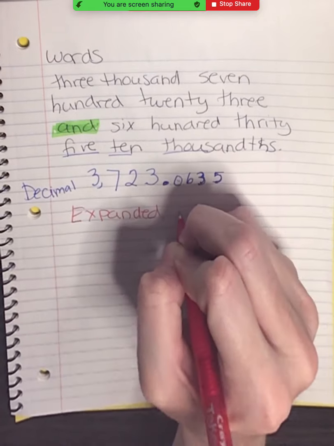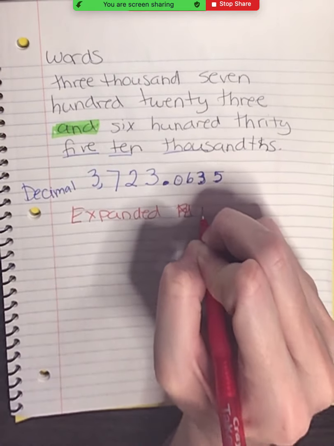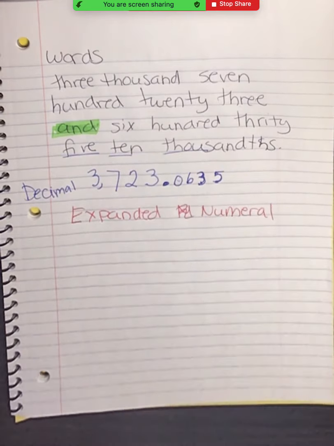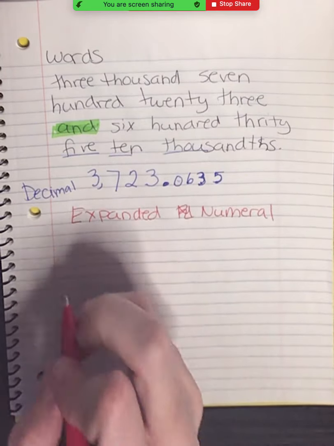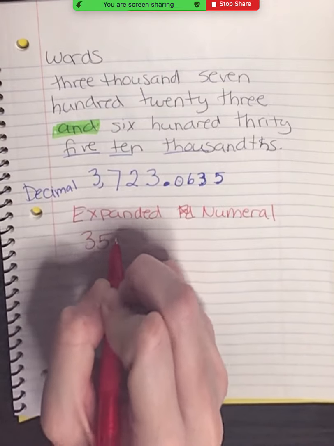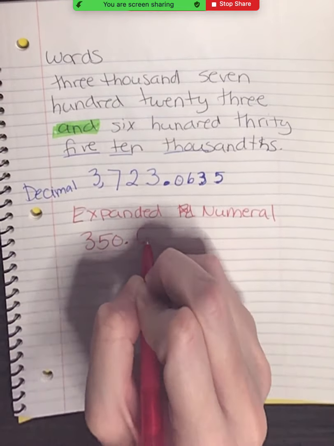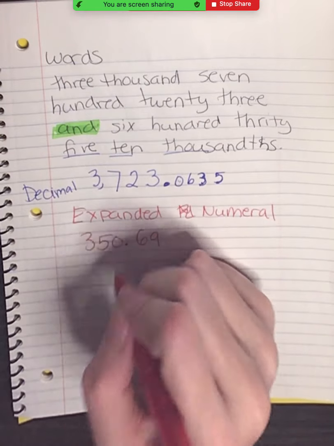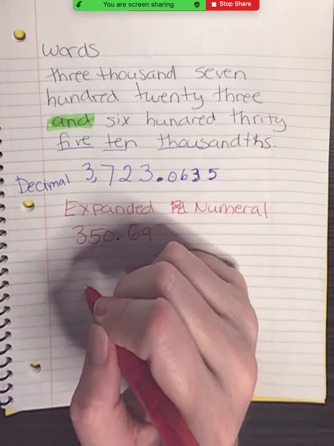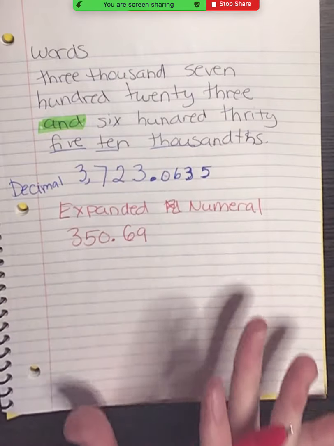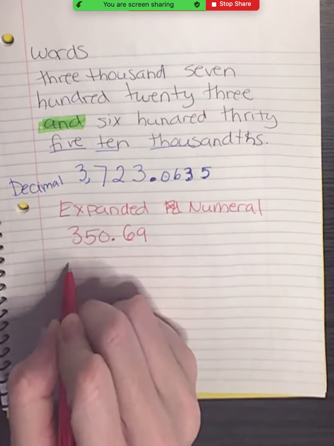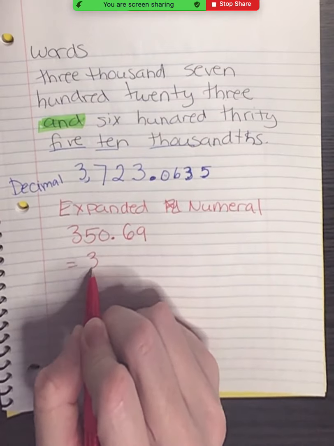An expanded numeral just means you take your decimal and write it out as if each place value is being multiplied by the value that it's in. Okay, so 300 means that we have 3 times 100 because the 3 is in the hundreds place. Then we're going to add 50. So the 5 is in the tens place.